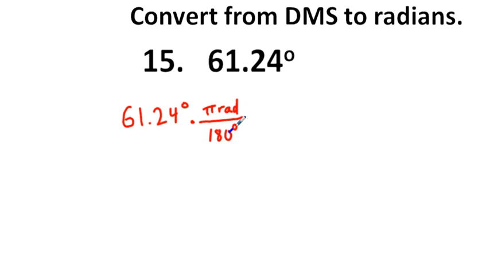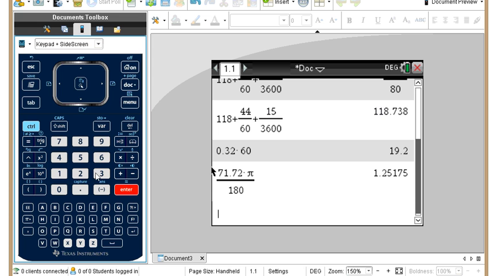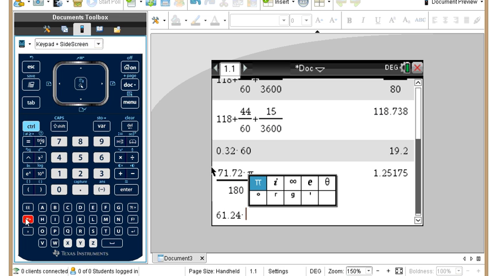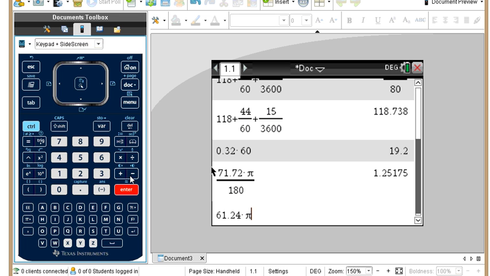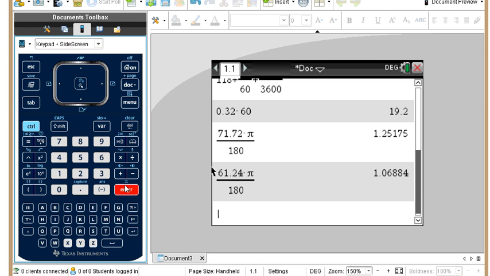And so we have degrees over degrees cancel. So we go to our calculator. We have 61.24 times pi divided by 180. So you get 1.06884 radians.